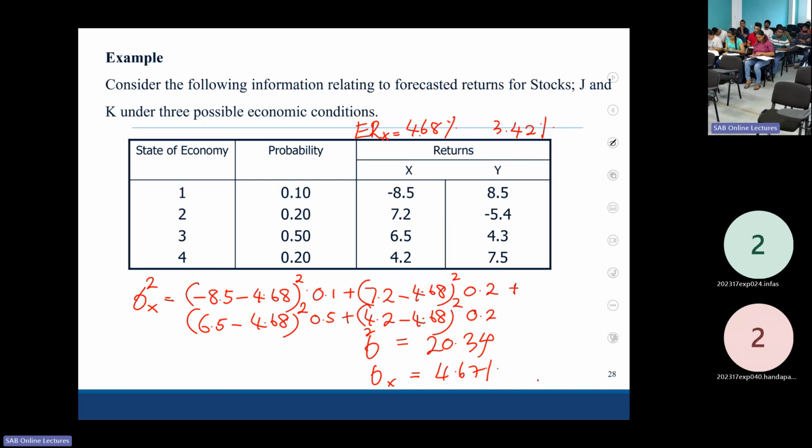Round up here, so you get a standard deviation of 4.6-something, and this is the variance for stock X. So variance and standard deviation you can calculate like this by applying that formula.